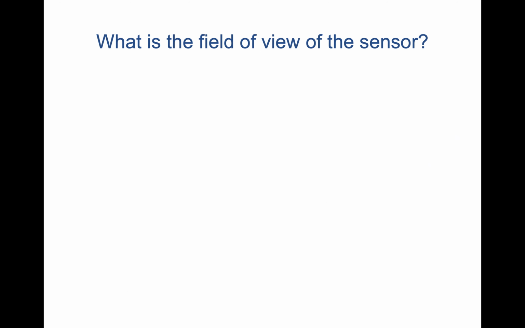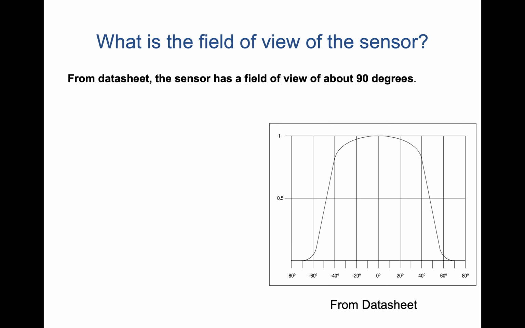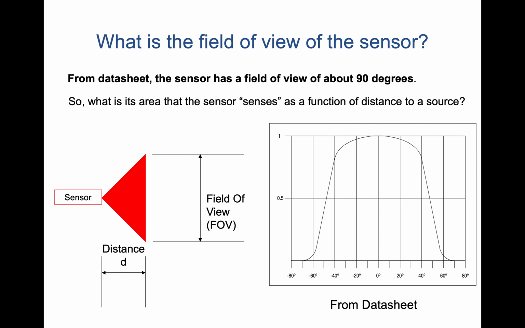Let's get a third. What's the field of view of the sensor? Well, we can look at the data sheet and find out that the sensor has a field of view of about 90 degrees. That means that if we move a distance d away from the sensor, we have a field of view that is 2d, just from geometry. And that means that the area that we sense is (2d) squared, which is 4 times d squared.